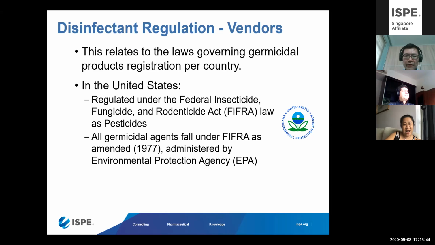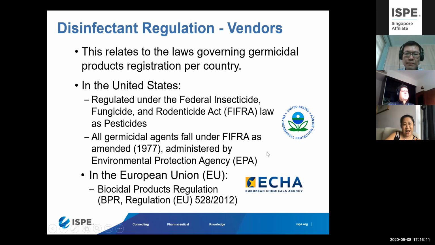FIFRA is administered by the EPA. This means that all the vendors and manufacturers of chemical disinfectants who want to sell disinfectants in the US will need to abide by the EPA rules and regulations. So this comes under the EPA.